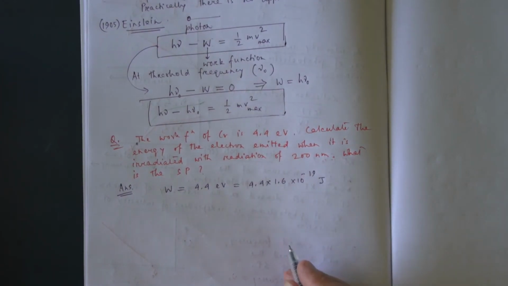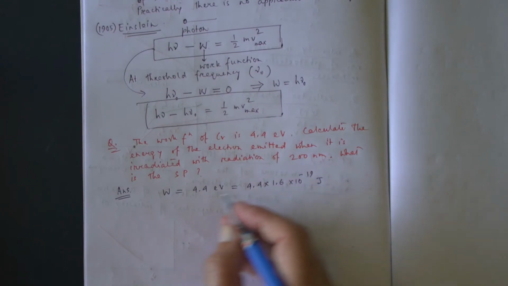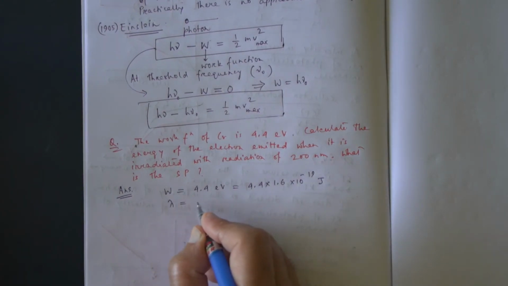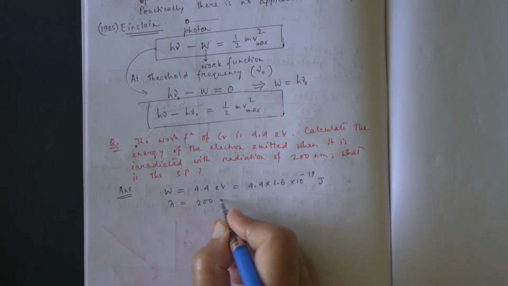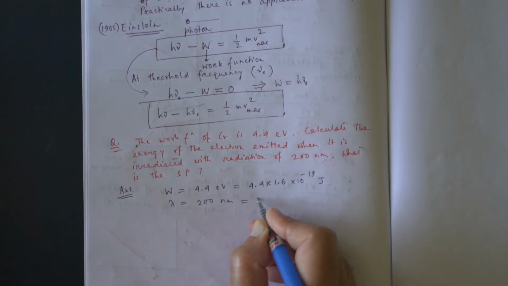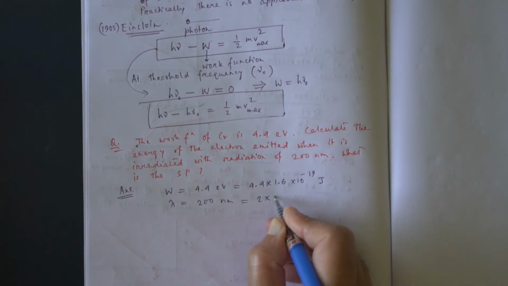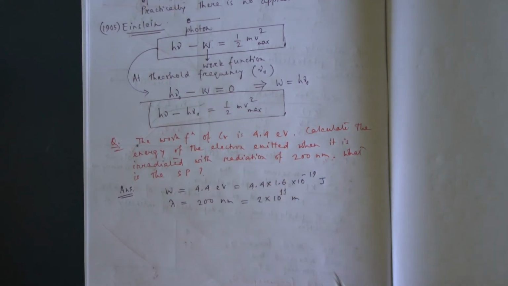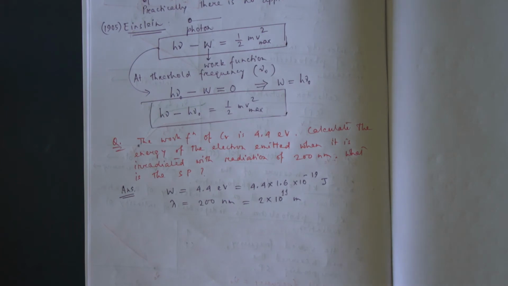Then the wavelength is 200 nanometer, equal to 2 into 10 to the power minus 7 meter.